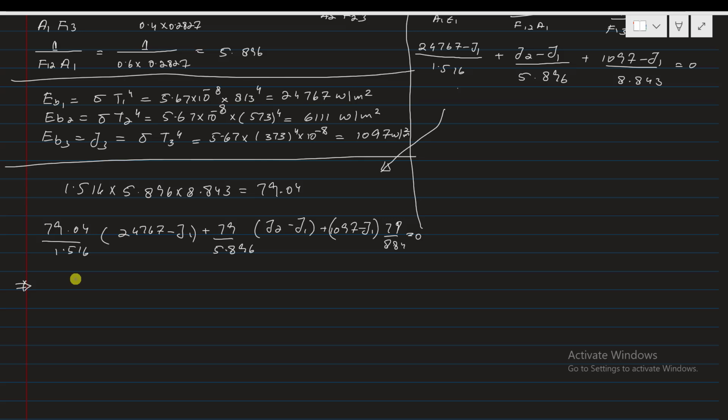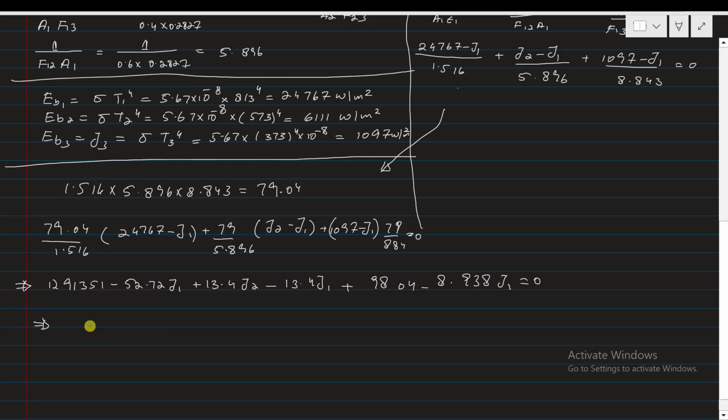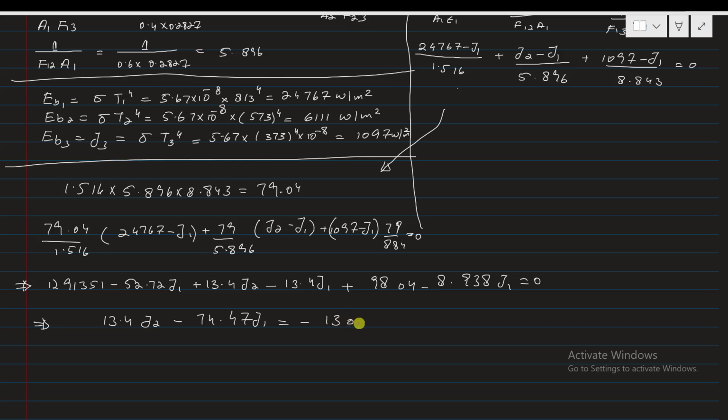After multiplication you will get the equation in this form. After simplification, you will get the first equation for these two unknowns, that is 13.4 J2 minus 74.47 J1 is equal to minus 130,115. This is, let's say, equation 1.